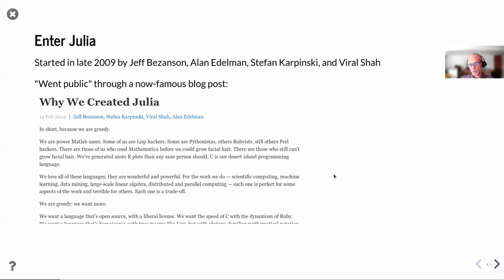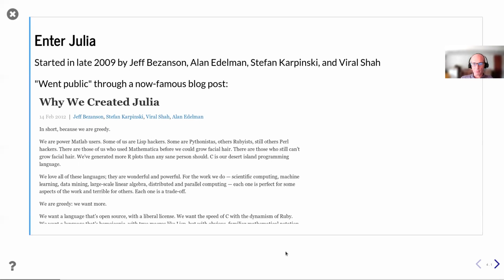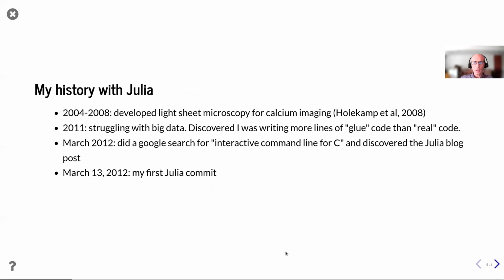That has turned out to be a very attractive goal to many people, including myself. So just to give a little bit of history here, my lab was one of the developers of a technique called light sheet microscopy. We were the first to use it for calcium imaging.